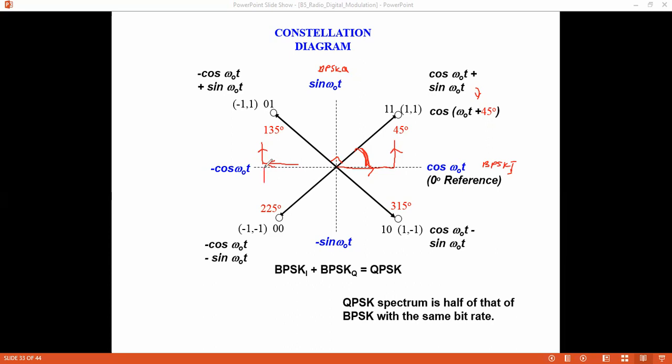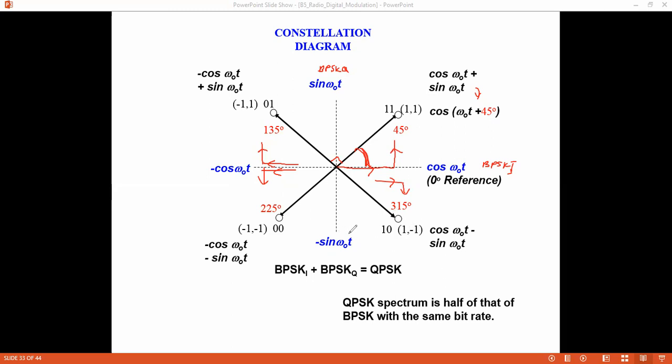So this is minus cos minus sine, sorry. Minus cos minus sine. This one is plus cos minus sine. So you need to understand, start with 1 1, 0 1, 0 0, and then 1 0.